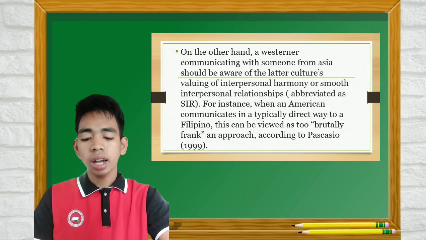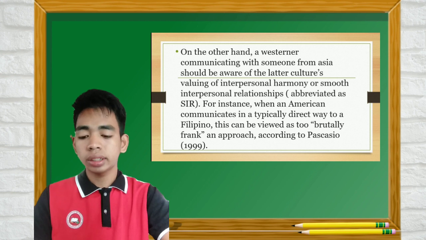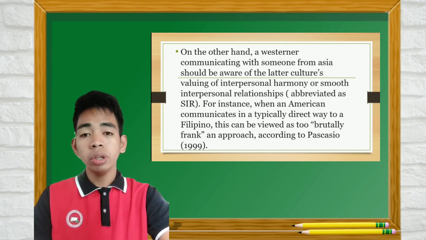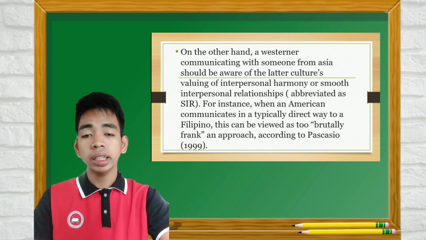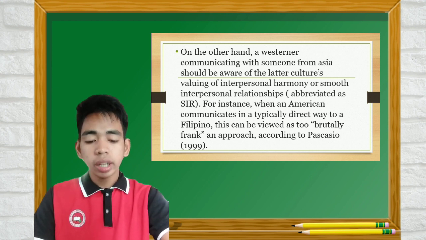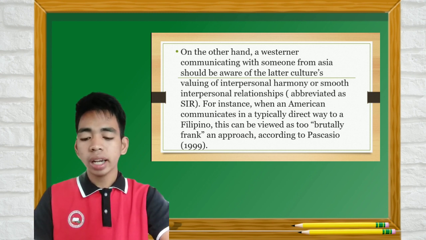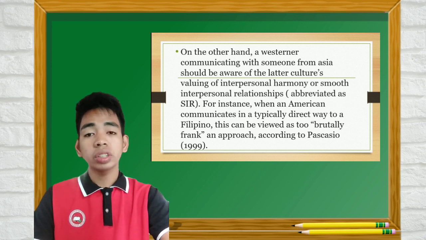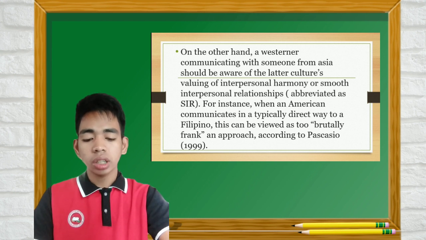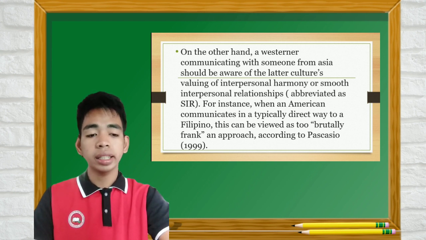On the other hand, a Westerner communicating with someone from Asia should be aware of the latter culture's valuing of interpersonal harmony or smooth interpersonal relationship. For instance, when an American communicates in a typically direct way to a Filipino, this can be viewed as too brutally frank, according to Pascasio 1999.